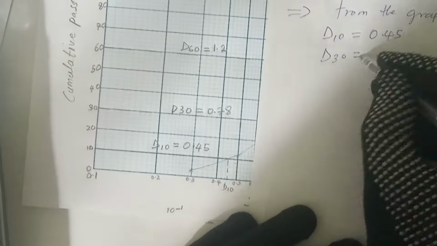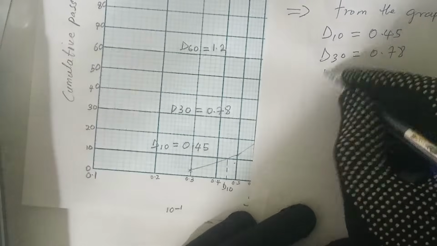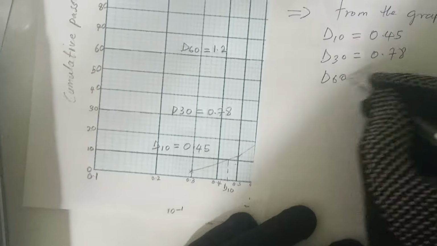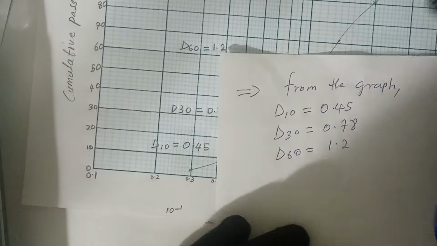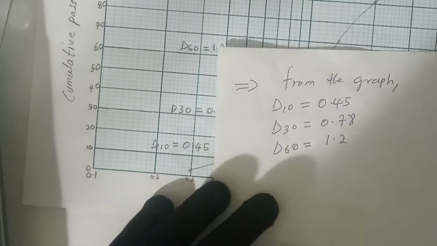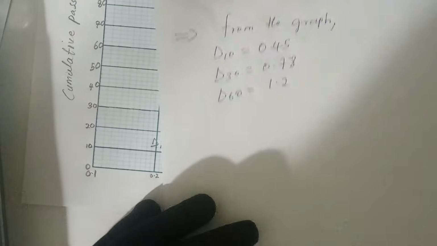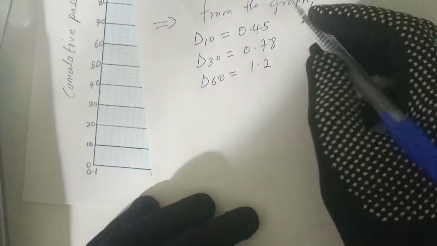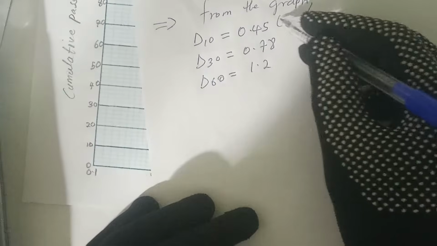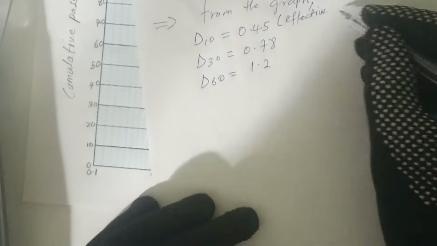D30 is 0.78. Then D60 is 1.2. Now, D10 is also known as the effective grain size.